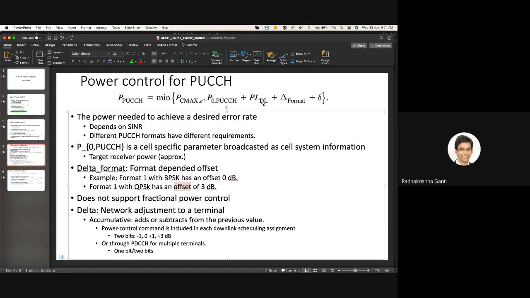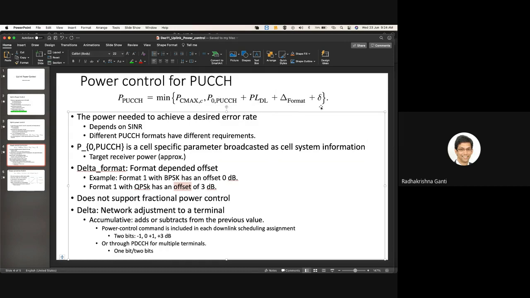Essentially, you assume that the path loss in the downlink is equal to the path loss in the uplink, which is almost correct. Based on SSB, the UE estimates the path loss in the downlink. Actually, using PSS in the SS block, it estimates the downlink path loss. And you are trying to compensate for the entire path loss for PUCCH, so you add that power so as to compensate for it.